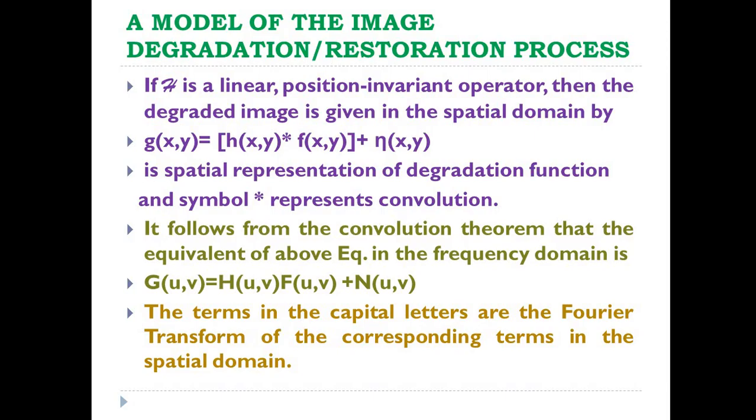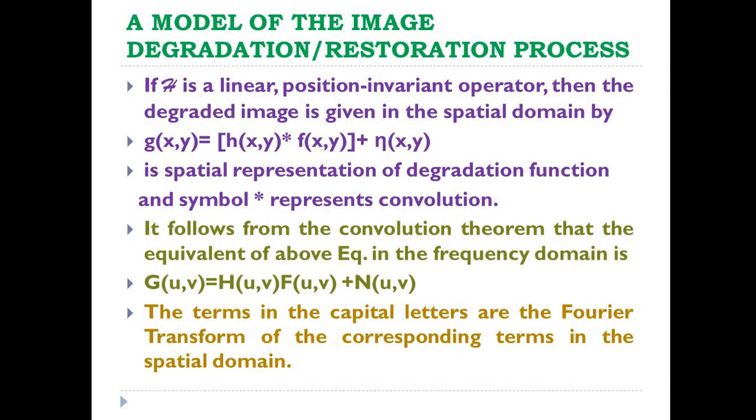Now the same we are going to represent in frequency domain. So we know that the convolution in spatial domain is equal to multiplication in frequency domain. So straight away from this equation we can write, x, y spatial coordinates becomes frequency coordinates. So let me assume the frequency coordinates as u comma v.